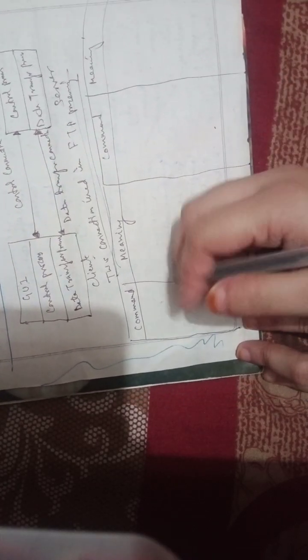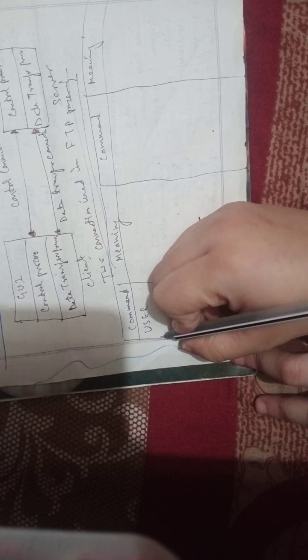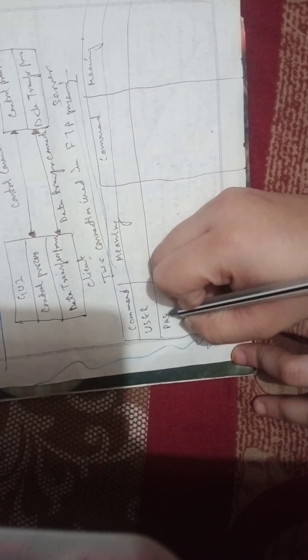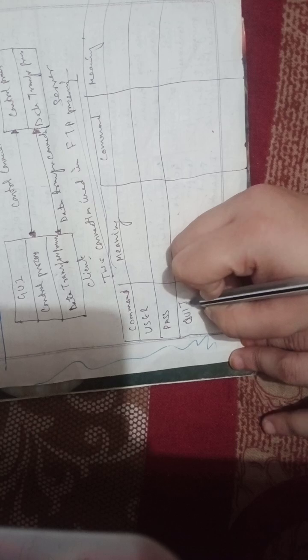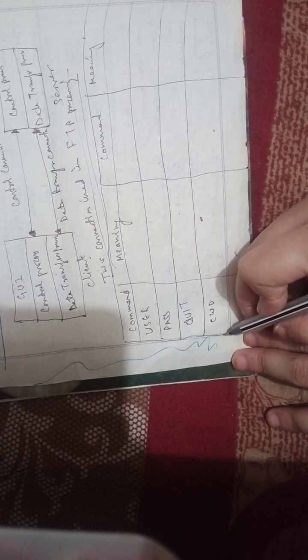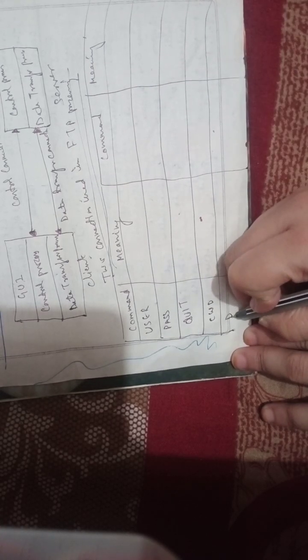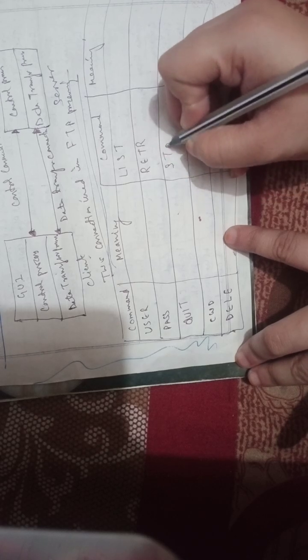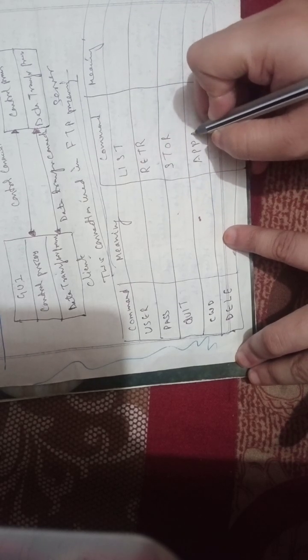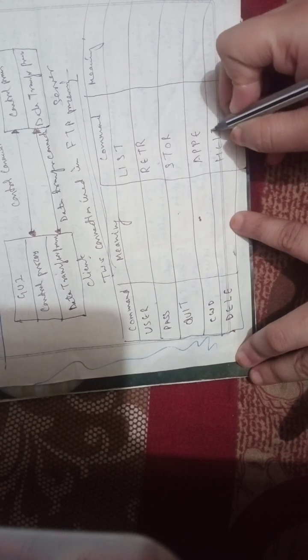The first command we have is USER, PASS, QUIT, CWD, DEL, then we have LIST, RETR, STOR, APPE and HELP.